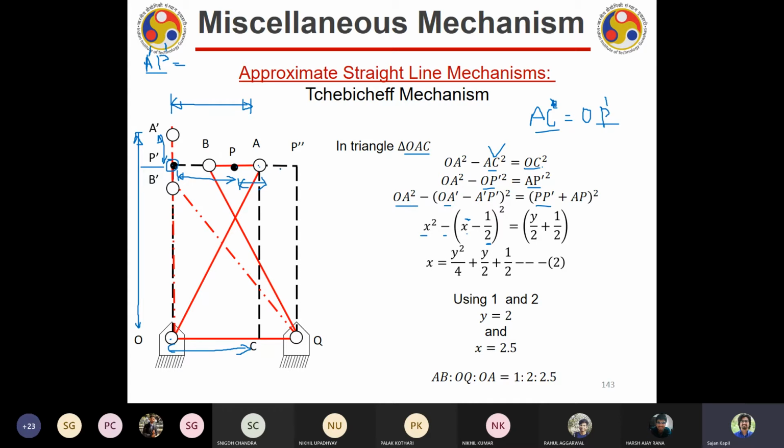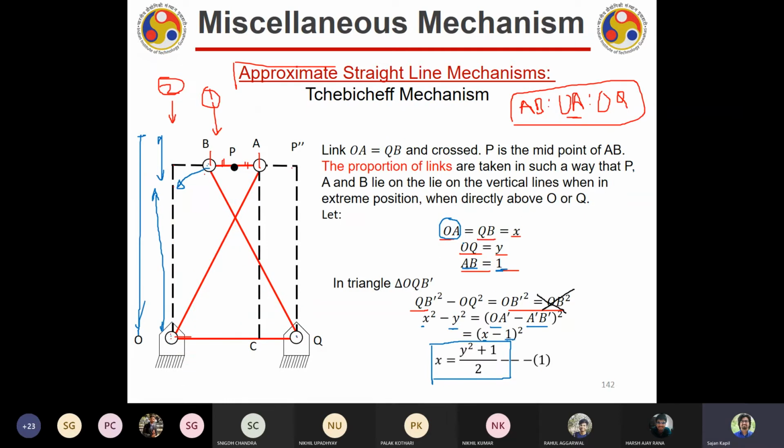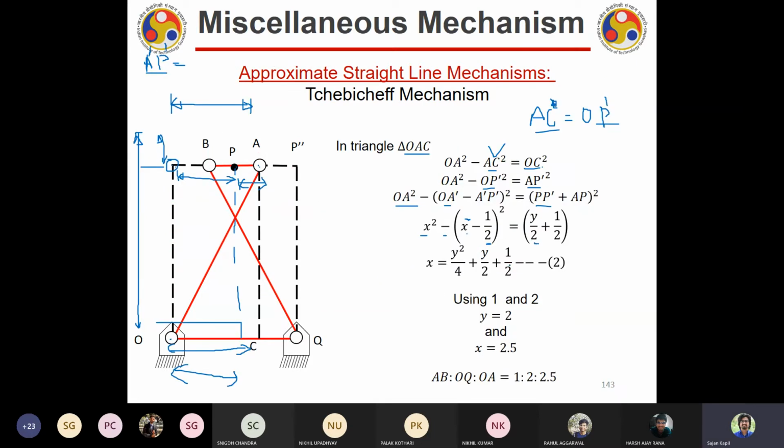What is PP dash? This is nothing but half of this distance, and this distance OQ was y. We have already considered OQ as y, so it will be half of it, hence y by 2. Next is 1 by 2 for AP, because AP is this distance, and this distance is half of AB.